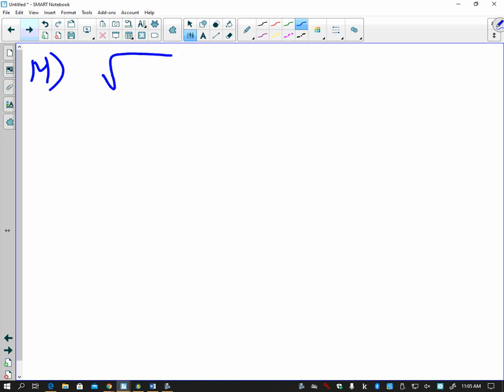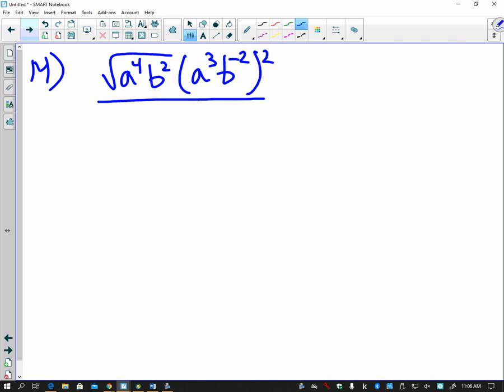And this one, we've kind of consistently struggled with these. a to the fourth, a cubed, b to the negative 2, squared, all over cube root a cubed b to the negative 6th, not under the root, is square root of b to the negative first. Okay.